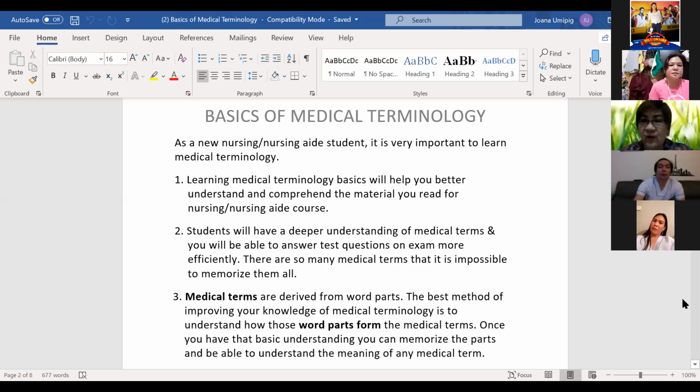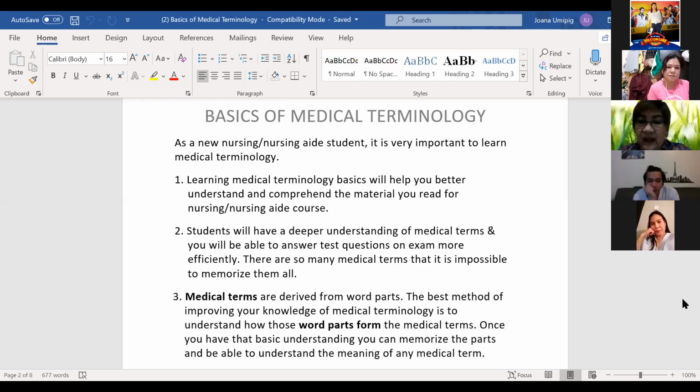As a nursing or a nursing aid student, it is very important for you to learn medical terminology. Why? Because learning medical terminology basics will help you better understand and comprehend the material you read for the nursing aid course. So students will have a deeper understanding of medical terms, and you will be able to answer test questions on exams more efficiently.